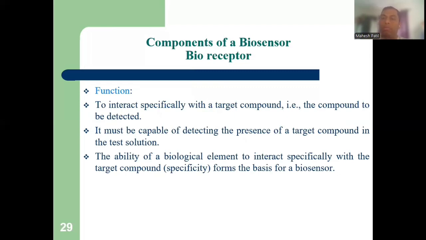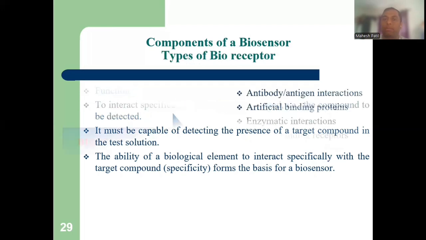The bioreceptor has to be able to detect the presence of my target compound in a given solution. We have already seen the example. Next, the biological element should have the ability to interact specifically with the target compound. So it should have specificity also. This specificity forms the basis of my biosensor, so it is one of the most important characteristics.